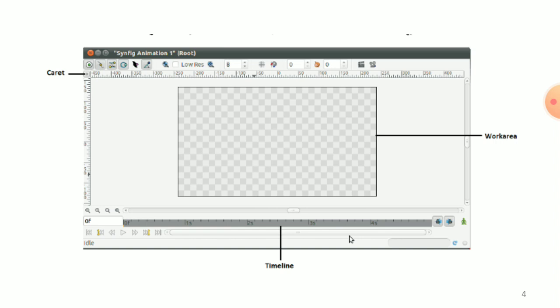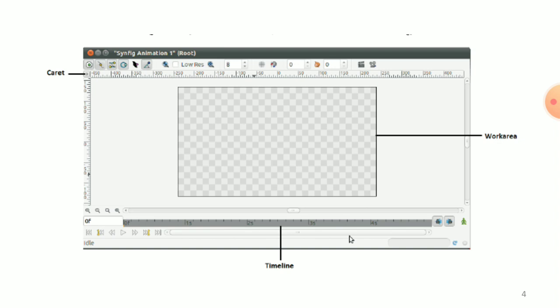On the left side, the little triangle is the caret. In the middle is the work area, the white and gray checkered squares, the small rectangle, which is the canvas. The bottom part, 0 f, is the timeline.